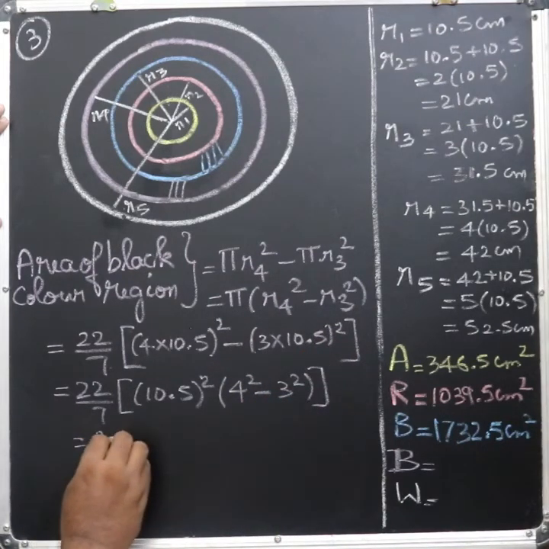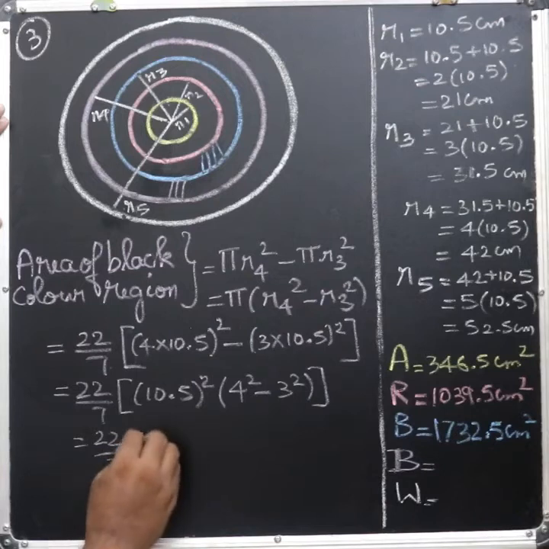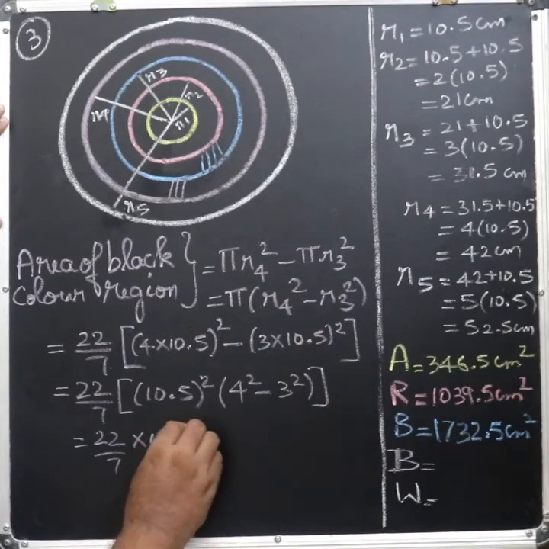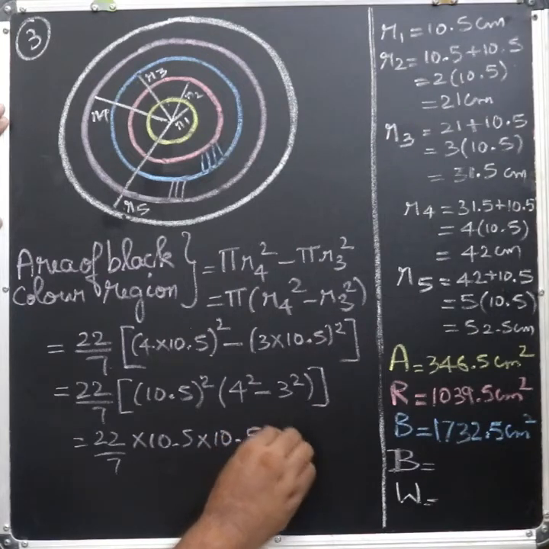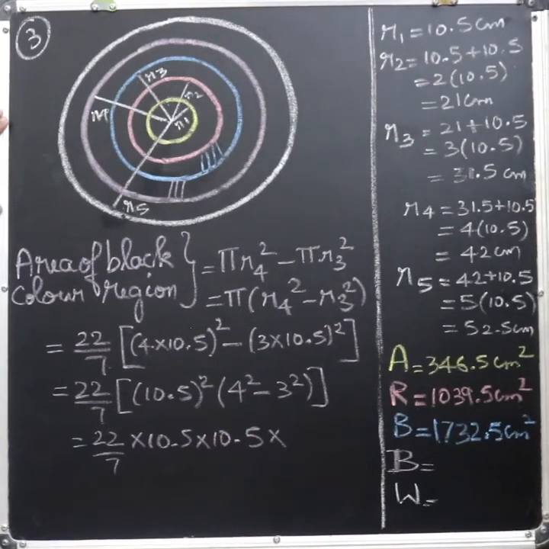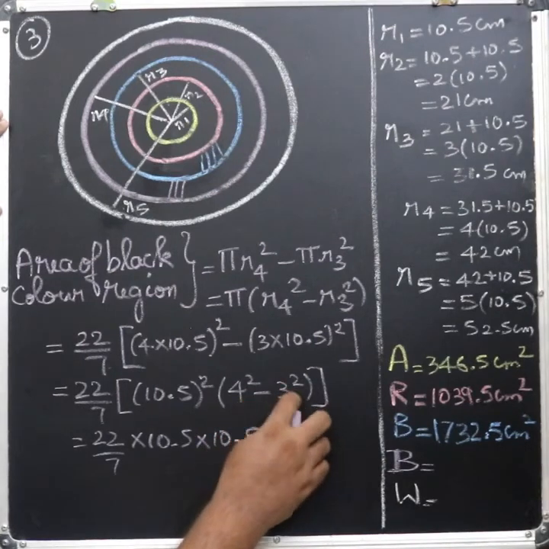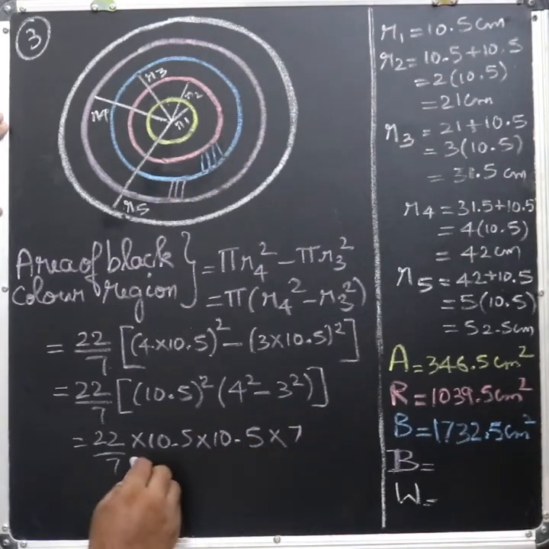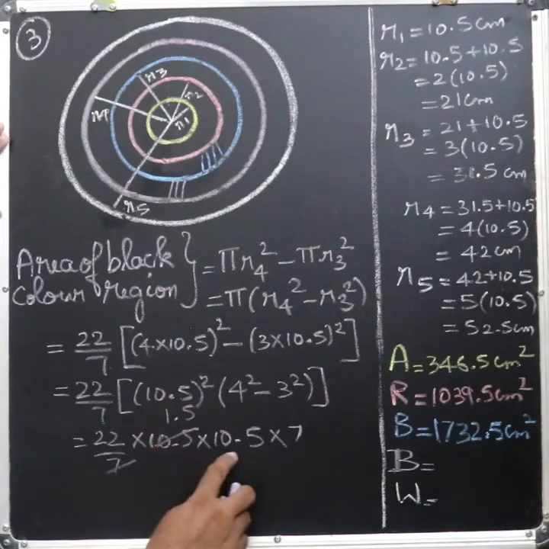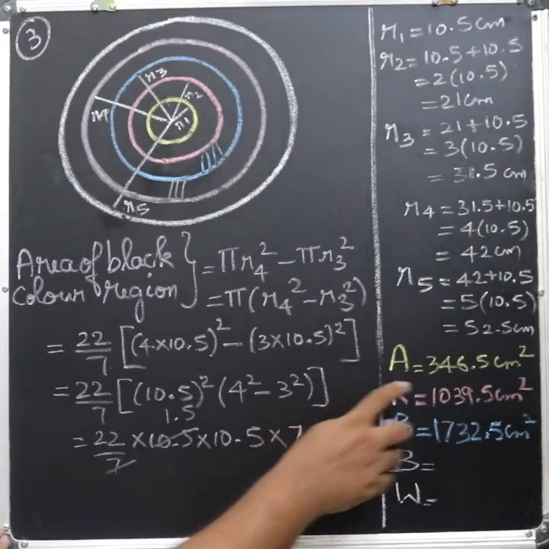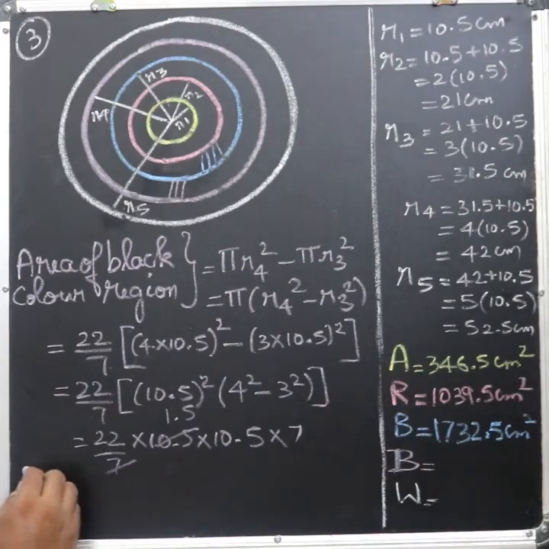So that is going to be 22 by 7 into 10.5 into 10.5 into 4 squared is 16, 3 squared is 9, 16 minus 9 is 7. So when you cancel you will get 1.5. 22 into 1.5 into 10.5, we already got 346.5.